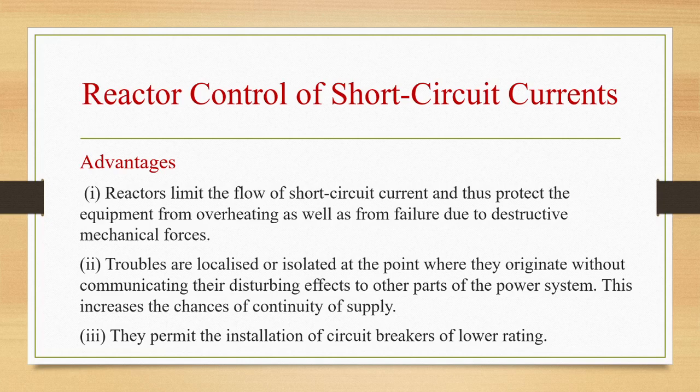Second point, troubles are localized or isolated at the point where they originate without communicating their disturbing effects to other parts of the power system. This increases the chances of continuity of supply. Third point, they permit the installation of circuit breakers of lower rating.